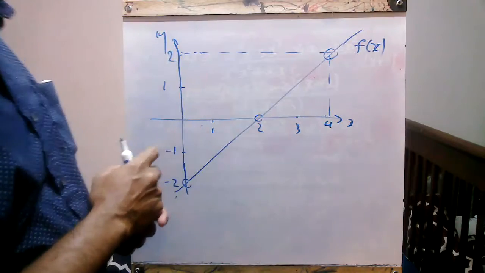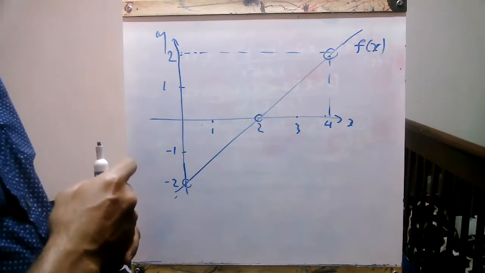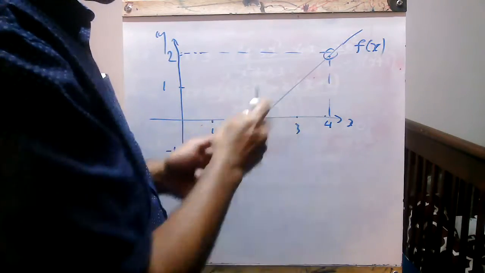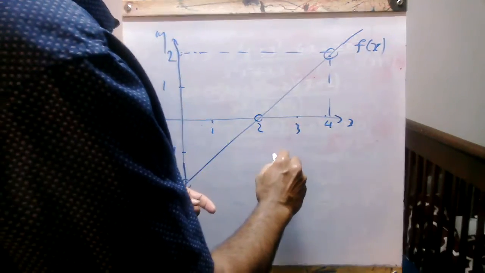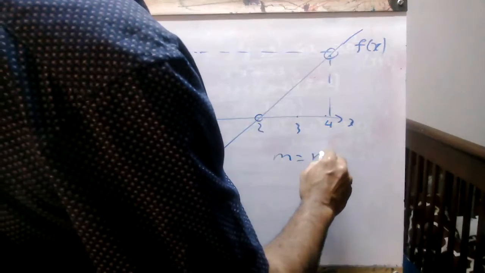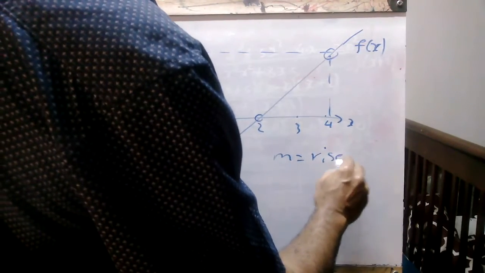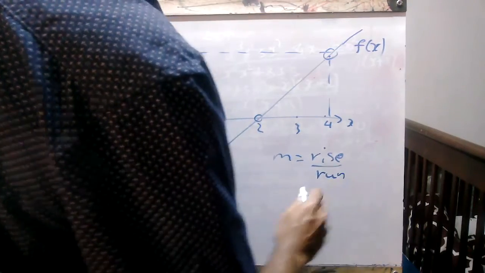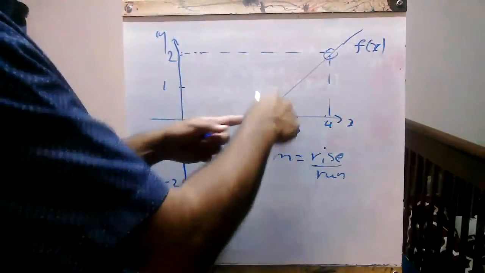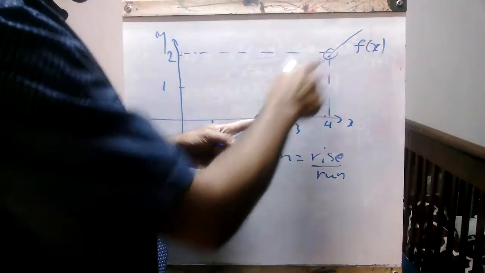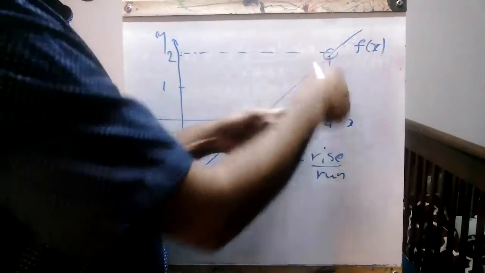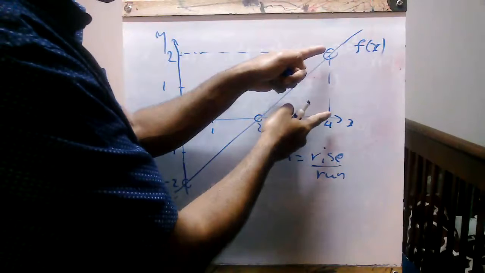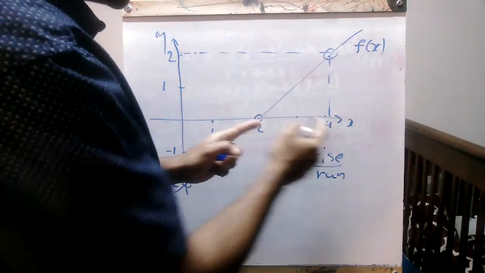No, we should get the same answer. Let's try how you write the slope. Slope is rise over run. If you consider these 2 points, rise is this, run is this. Rise is always the y direction, run is the x direction.